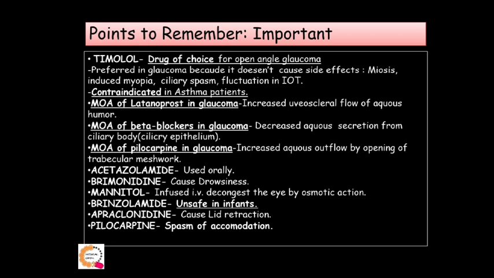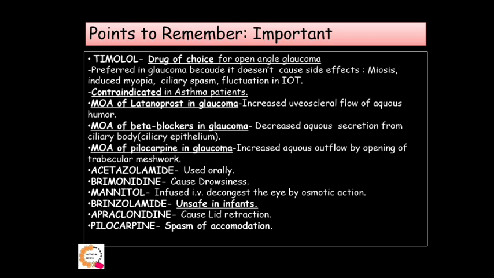It is preferred in glaucoma because it doesn't cause side effects like other drugs, such as meiosis, induced myopia, ciliary spasm, and fluctuation in intraocular tension. But timolol is contraindicated in asthma patients. I repeat, timolol is contraindicated in asthma patients because it precipitates asthma.